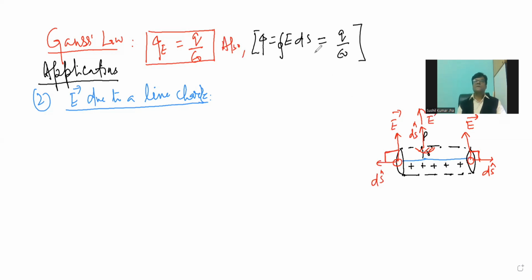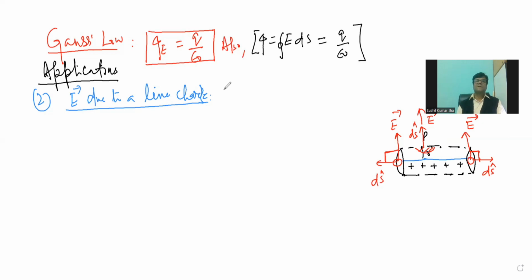Because in the formula we have E ds cos theta, with cos 0 the maximum flux would be contributed. Net flux would be contributed due to this curved surface only, which means the other two portions, top and bottom, are not contributing any flux.